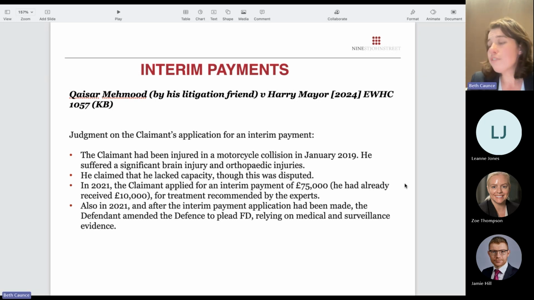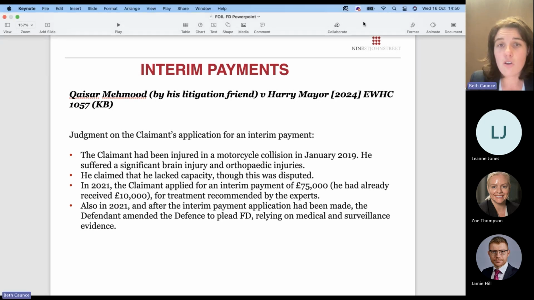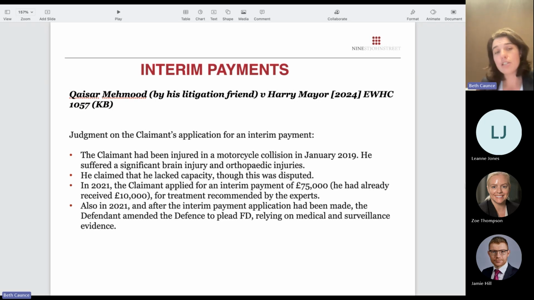A fairly brief topic that I want to cover is interim payments, and this is the case of Mahmood. The claimant was injured in a motorbike accident. He suffered some quite serious injuries and claimed that he lacked capacity, although that was disputed between the parties.